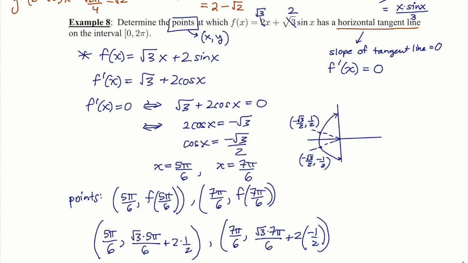So we can rewrite this one as 1 and this one as negative 1. And that would be our simplified form. So 2 points where we have a horizontal tangent line, x equals 5 pi over 6 and x equals 7 pi over 6, and then we find the y-coordinates that go with those.